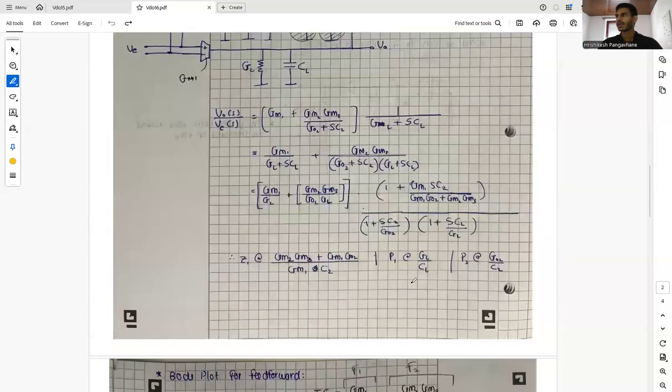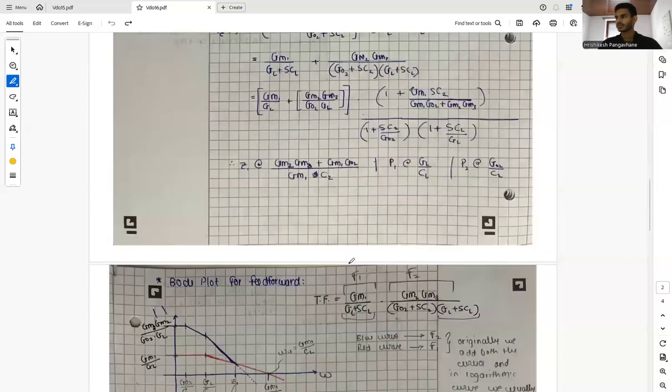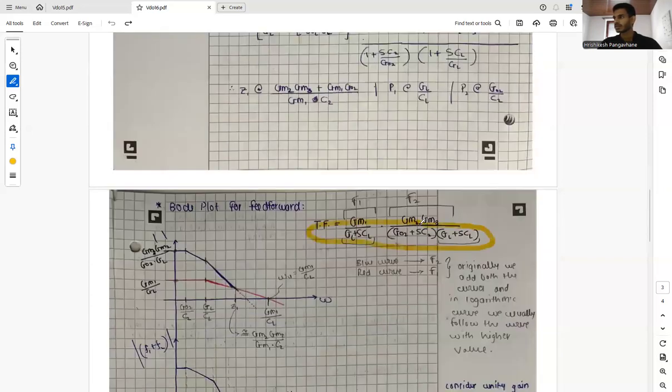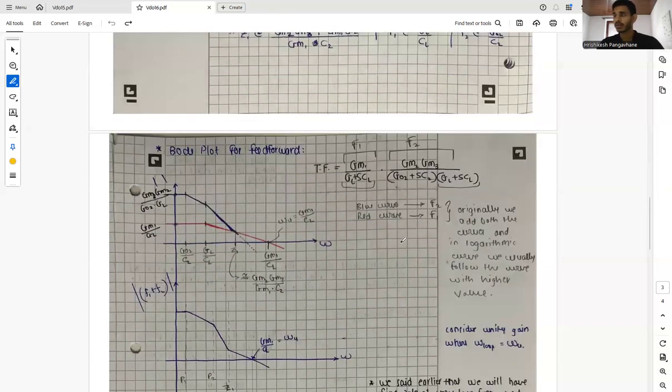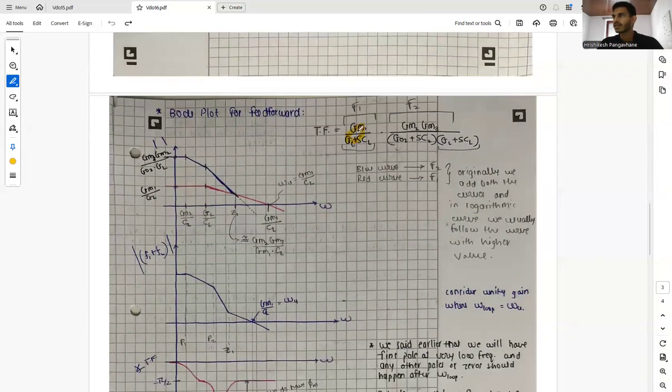So now we have our transfer function, which is this, and let's consider it as two different functions and plot a Bode plot for our feed forward op-amp. Our first function is a first order function. After a pole arrives at this point, it gives a minus 20 dB per decade roll off.